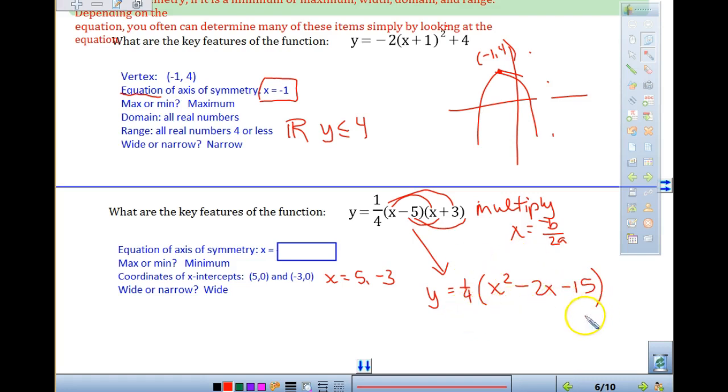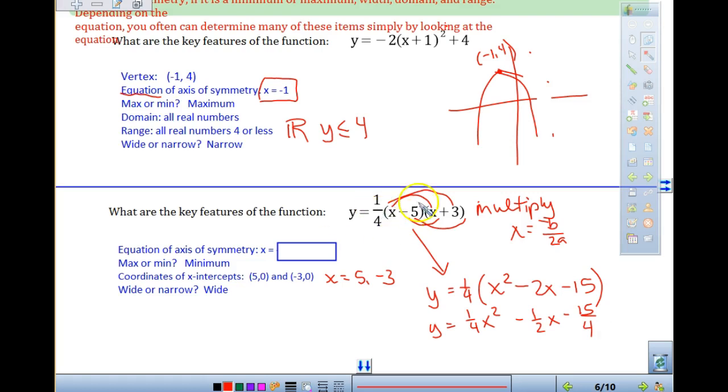Okay, Abby, we're going to use the distributive property and take 1/4 times everything. So I now have y equals 1/4 x squared minus 1/2 x, and then that last one we could just leave as negative 15 over 4. We could rewrite that as a decimal if you wanted.